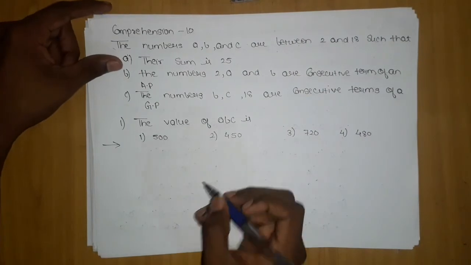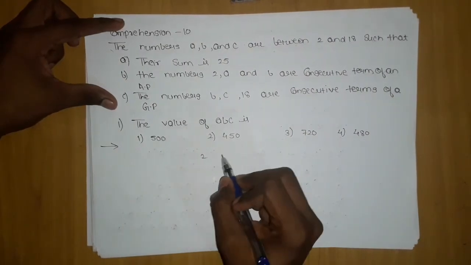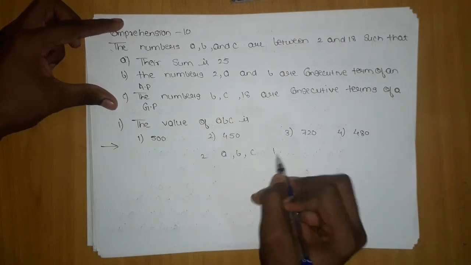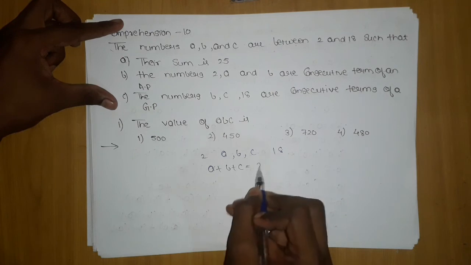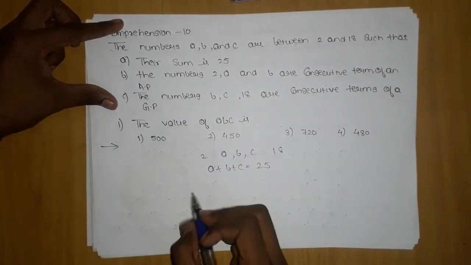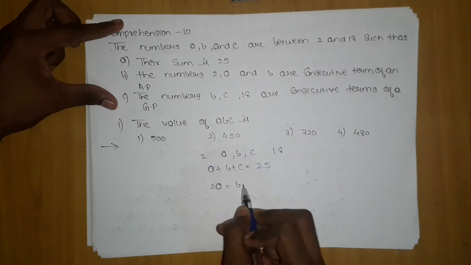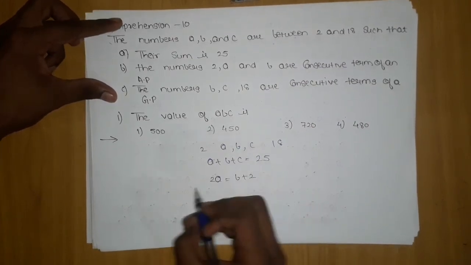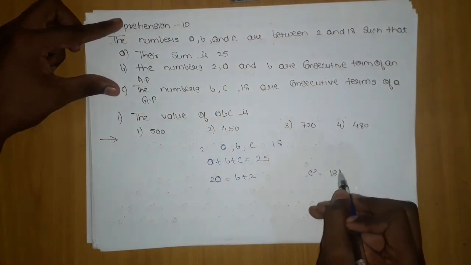First, they are telling that the numbers are between 2 and 18, so a, b, c lie between 2 and 18. They are telling the sum a plus b plus c is 25. The numbers 2, a and b lie in AP, so 2a is equal to b plus 2. Now the numbers b, c, 18 are consecutive terms of a GP, so c square is equal to 18b.